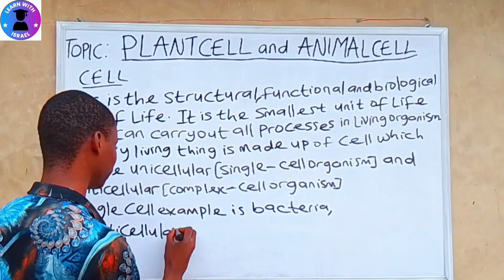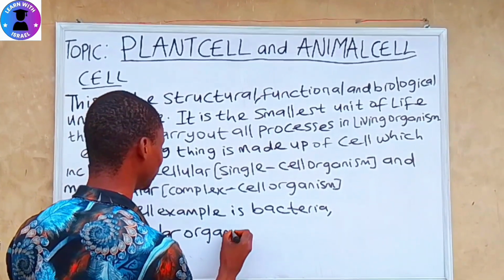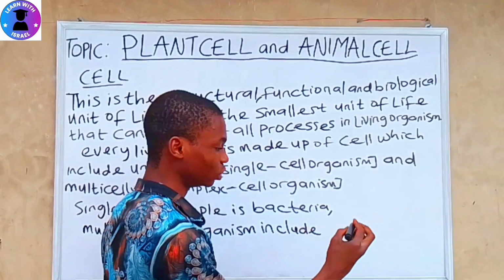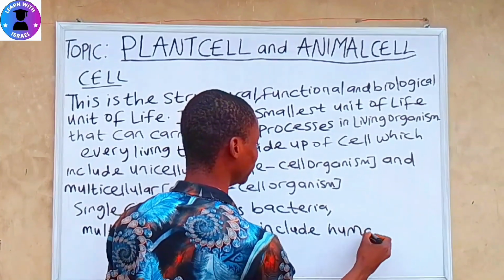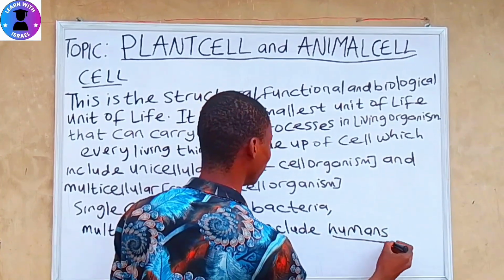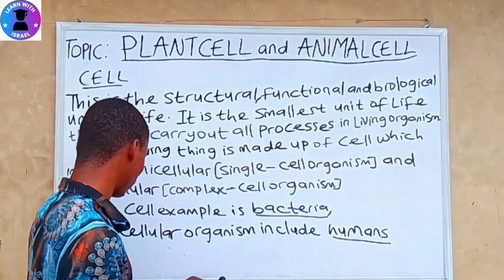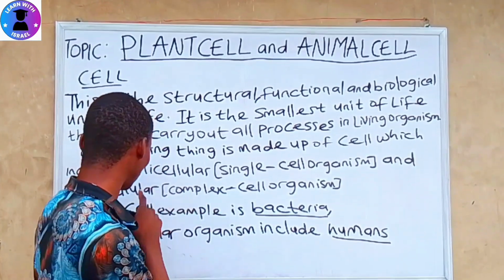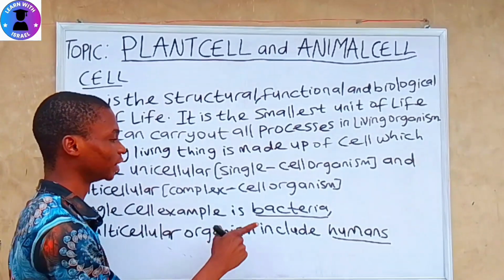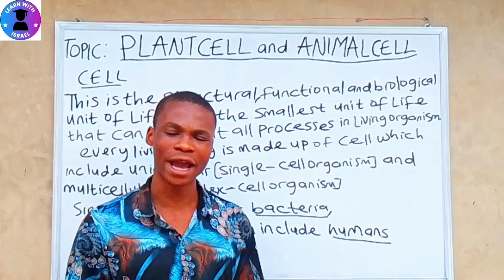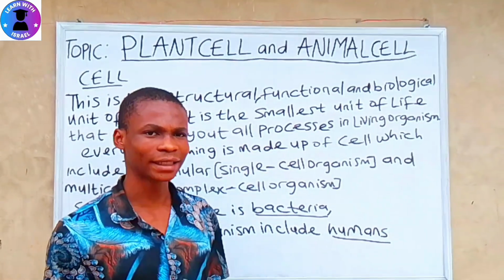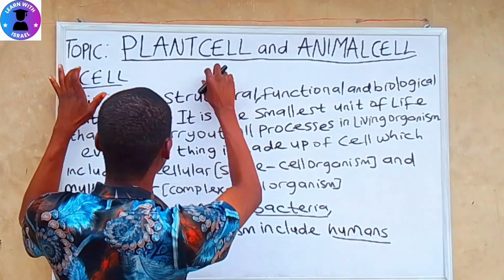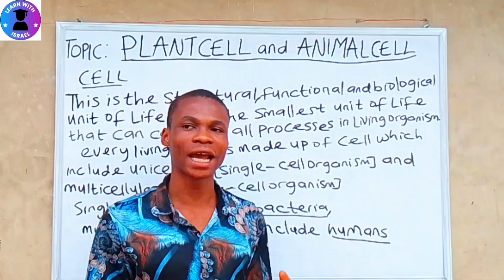Multicellular organism include human beings, while unicellular organism, which is also known as single cell organism, consists of bacteria and other microorganisms.